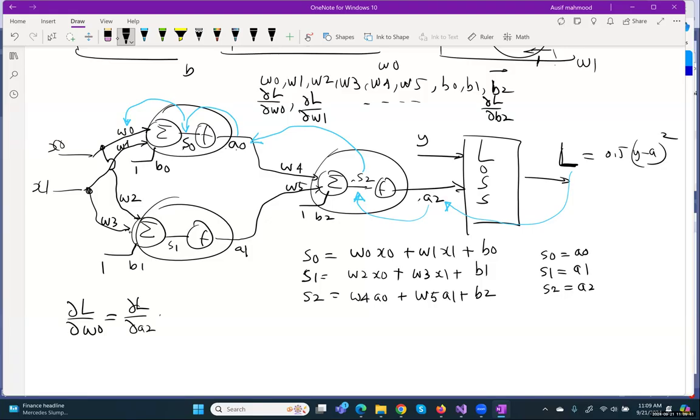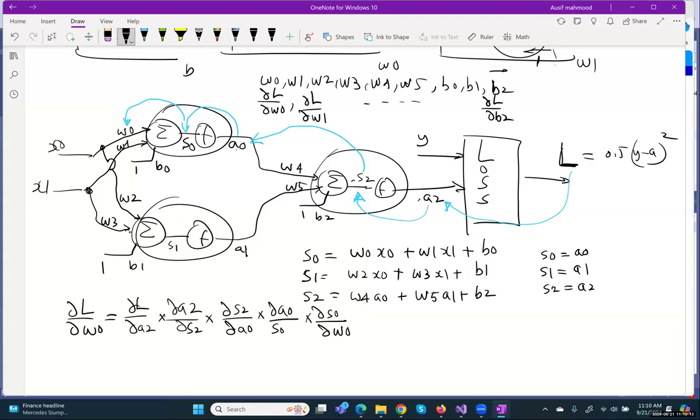Then partial A2 over partial S2, partial S2 over partial A0, correct? Then A0 to S0, then partial S0 to partial W0.